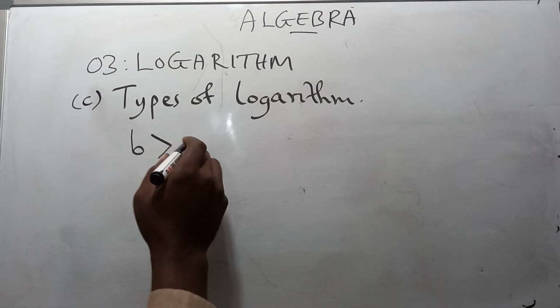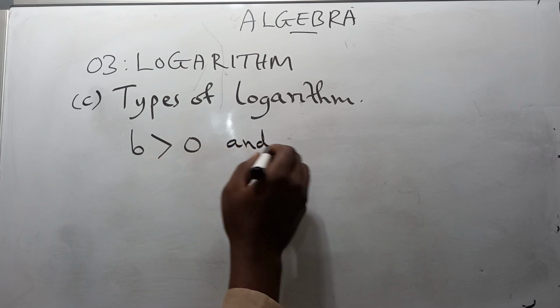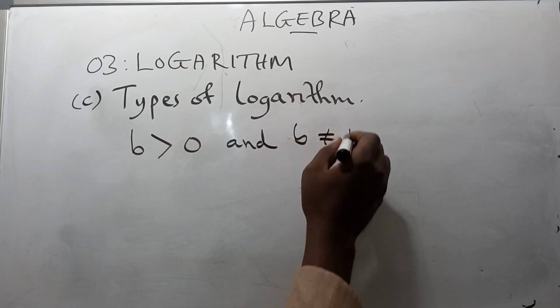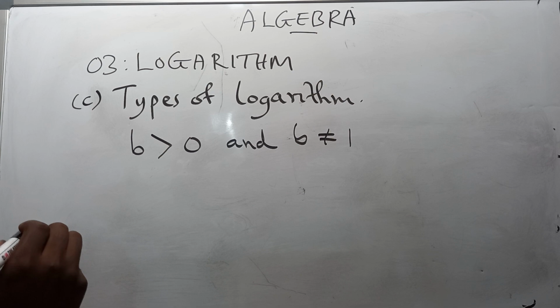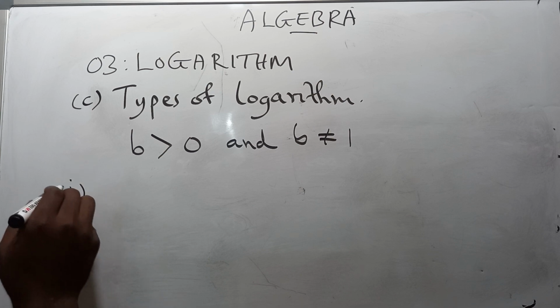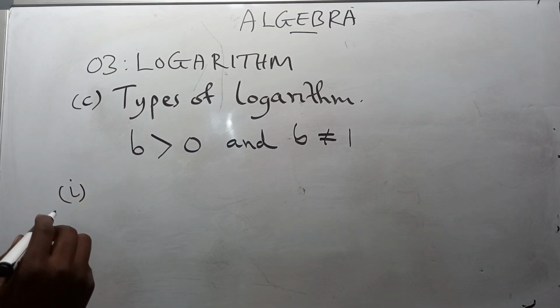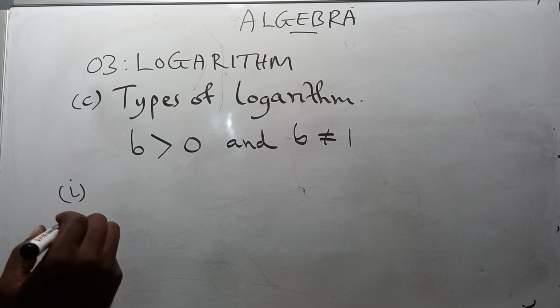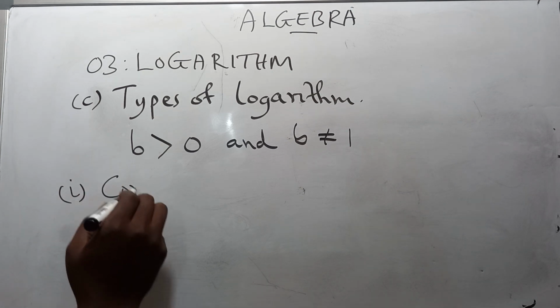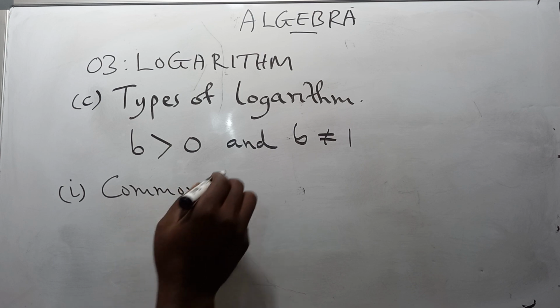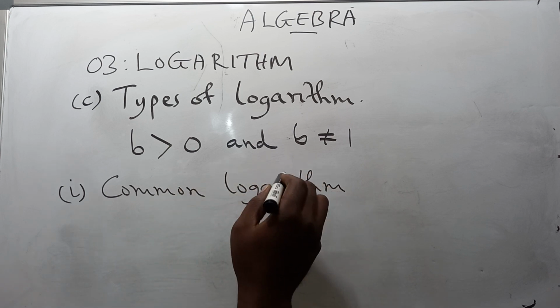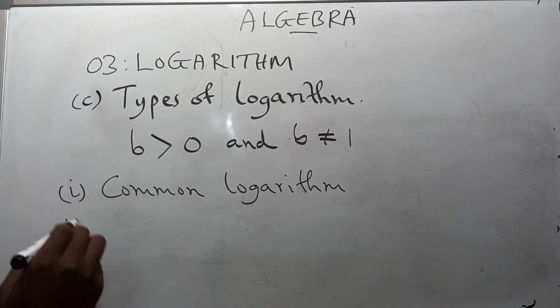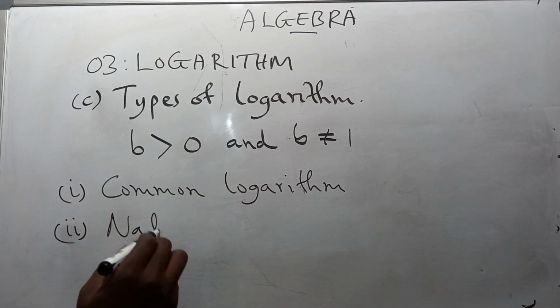So the base is greater than 0 and the base is not equal to 1. There are many types of logarithm, but in mathematics and other fields of science, there are two most useful types of logarithm, which are the common logarithm, and the second most useful type, the natural logarithm.